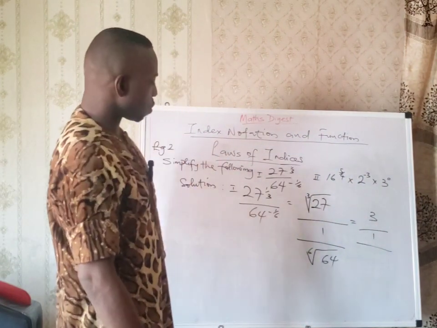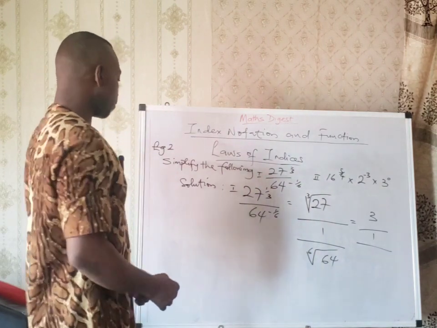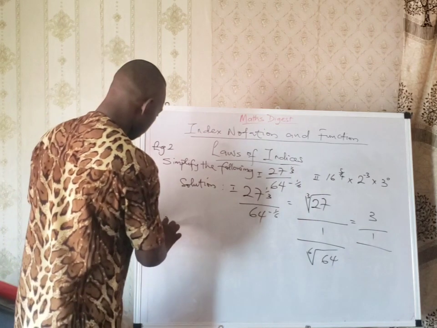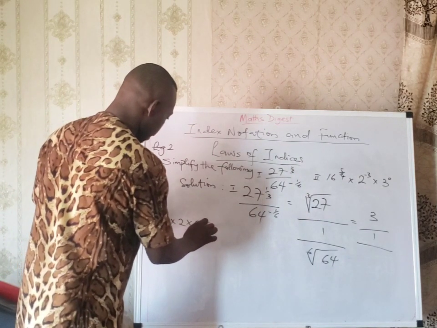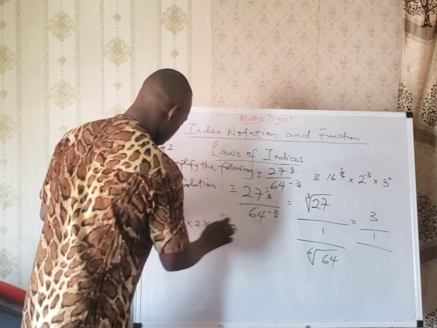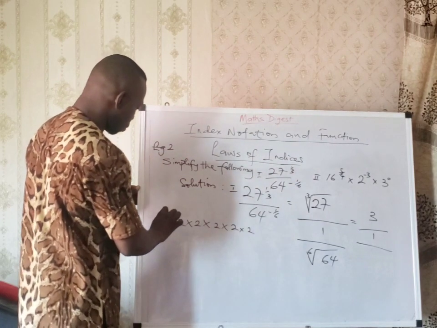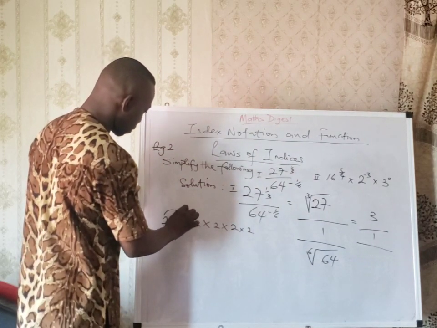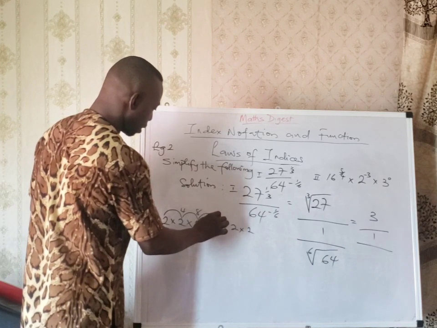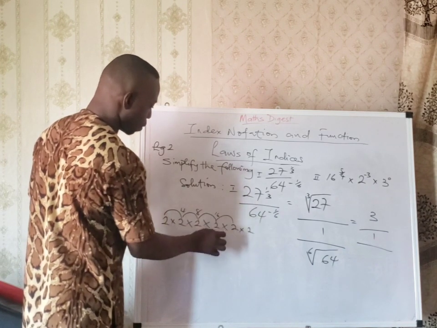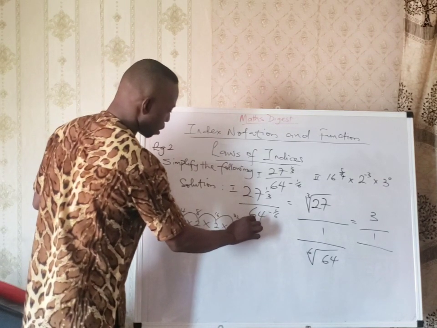6th root of 64 will give you what? Simply, if we say 2 times 2 times 2 times 2 times 2 times 2, you find out that 2 times 2 is 4, 4 times this 2 is 8, 8 times 2 is what? 16, and 16 times 2 is what? 32, and 32 times this 2 is what? 64.